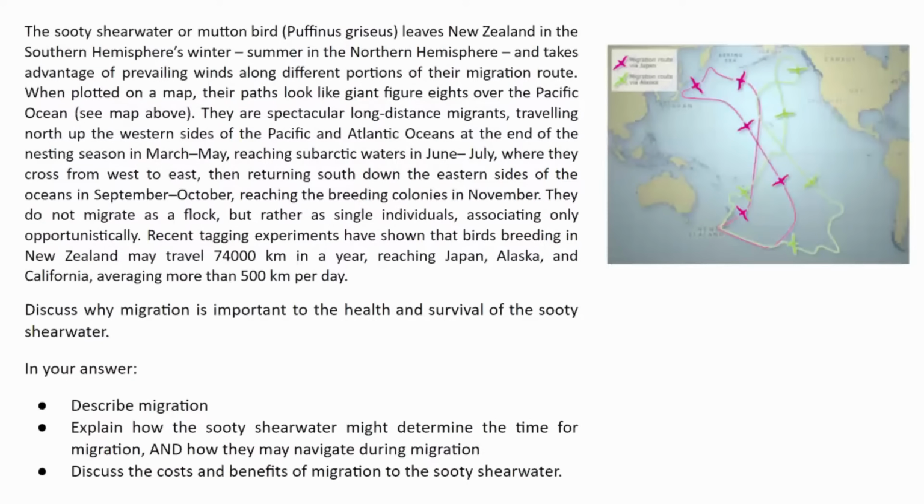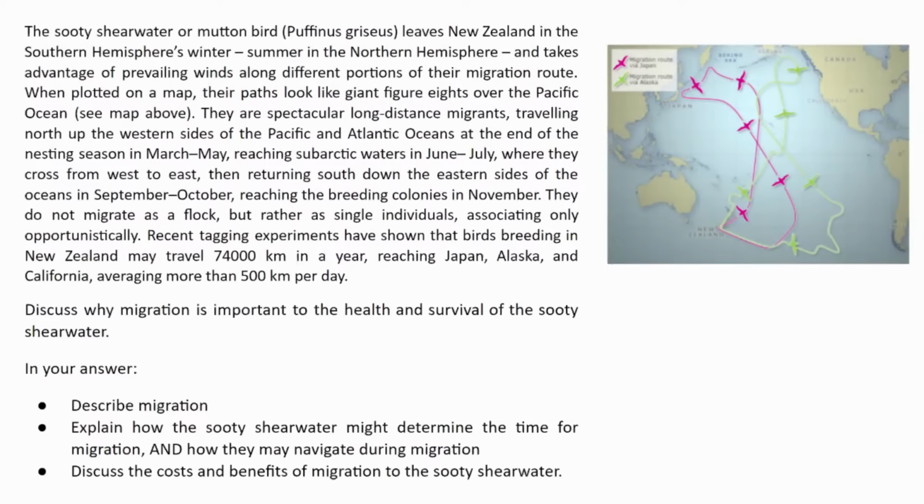So as we head into our winter, it leaves in about March, May, and flies up into the northern hemisphere, arriving about June, July. From there, they will return back to New Zealand in November. So actually, they're probably returning about now.